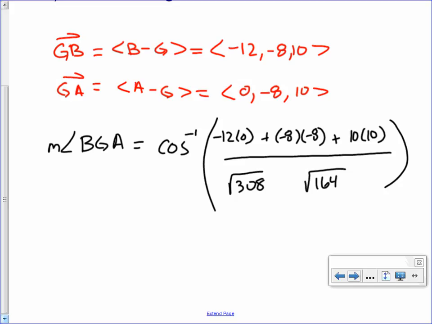The magnitudes: A squared plus B squared plus C squared.